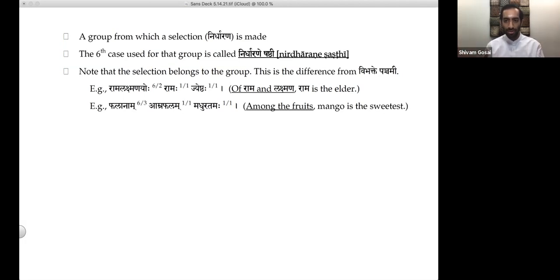Among the group, one is different. You can also see the word of, which is usually common with the sixth case. The book of Devadatta: Devadattasya pustakam. Any questions so far with Sambandhe Shashti or Nirdharane Shashti?